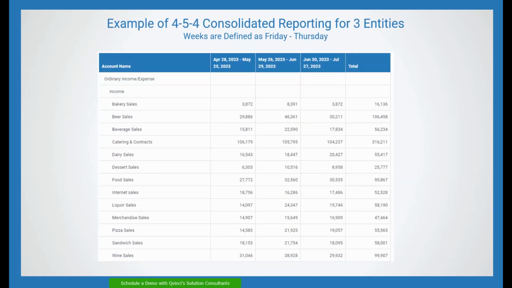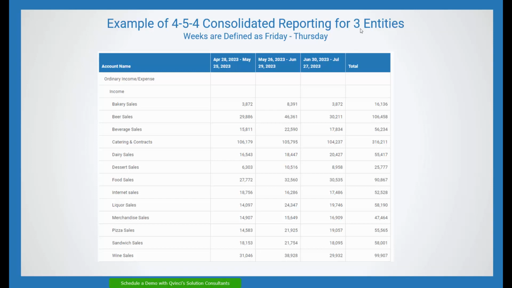So here's an example. In this particular case, I've got 3 entities that I'm going to consolidate, and my period is Friday through Thursday. That's my week. My weeks are all Friday through Thursday. And in this case, when I ran it, I'm running a 4-5-4 structure. In other words, the first period in, we'll call it a quarter, is 4 weeks, second period 5 weeks, third period 4 weeks.